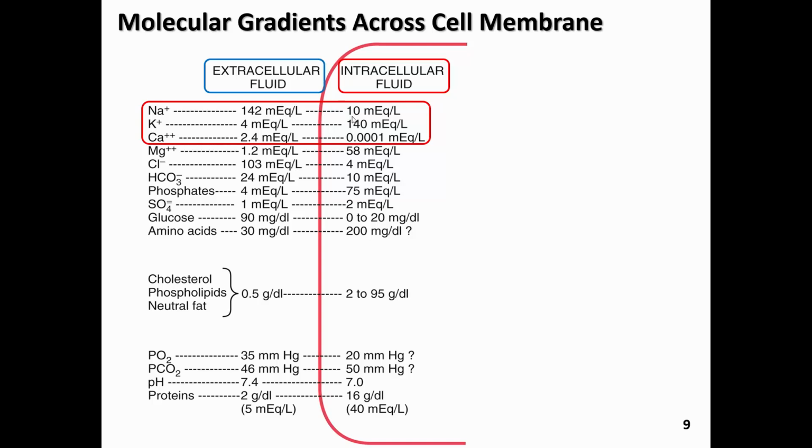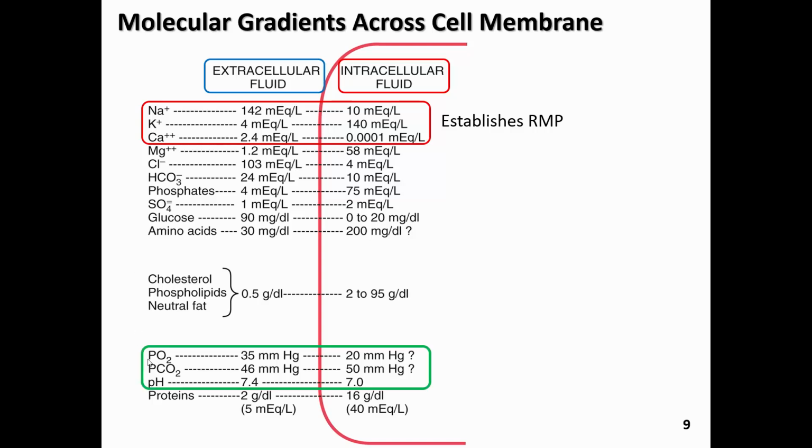Potassium is opposite, where there's a greater concentration of potassium ions inside the cell than outside, and calcium has a much greater concentration outside the cell by many orders of magnitude than is found in the cell cytoplasm. And these ions are not the only ones, but are important ions that establish something called the resting membrane potential, which is a separation of the electrical energy state between the inside of the cell and the outside.